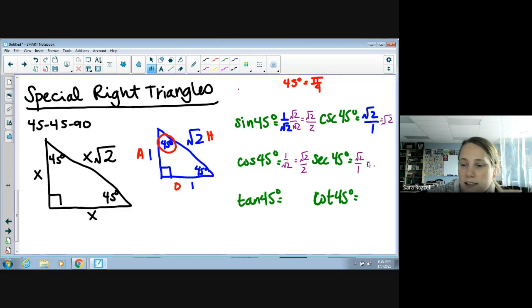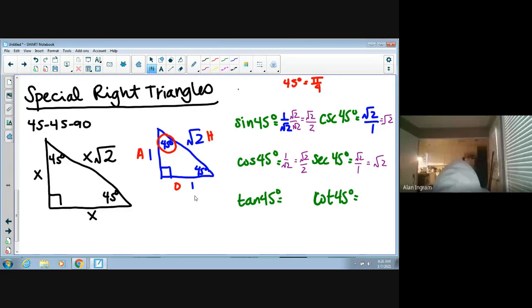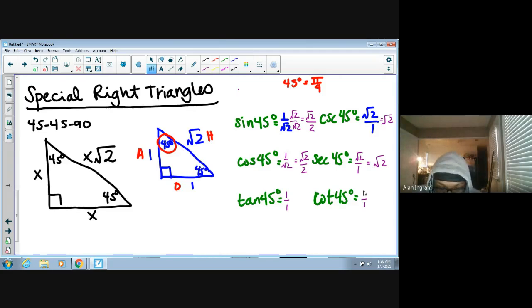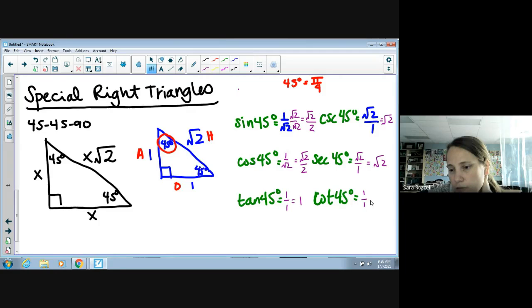And this would simplify to simply root 2. And Alan, tangent and cotangent. It's our opposite over adjacent. 1 over 1. And then the other one? 1. Yeah. It's just 1. So just 1 for both of those.